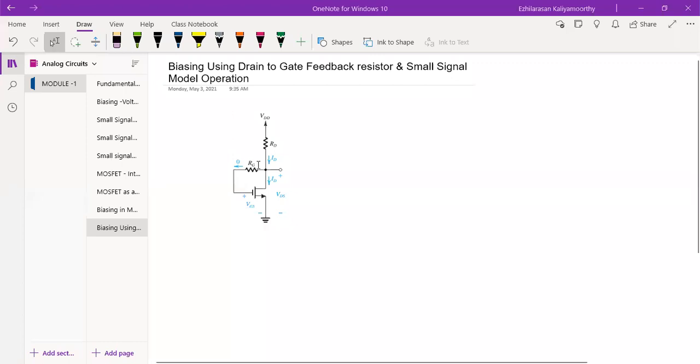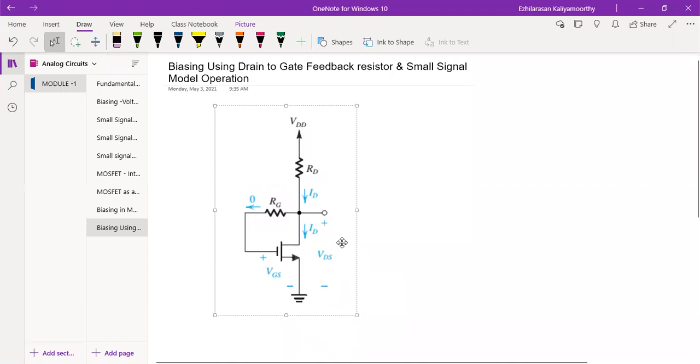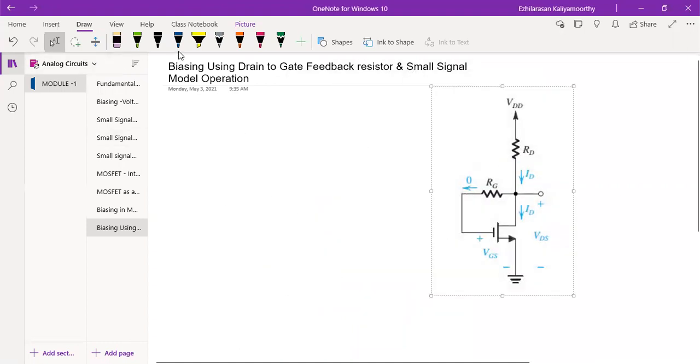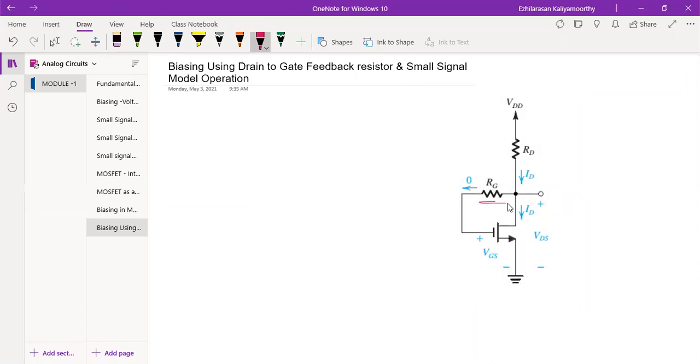This is the figure for biasing using drain to gate resistance. You can see there is a feedback resistance we connected between drain and gate.